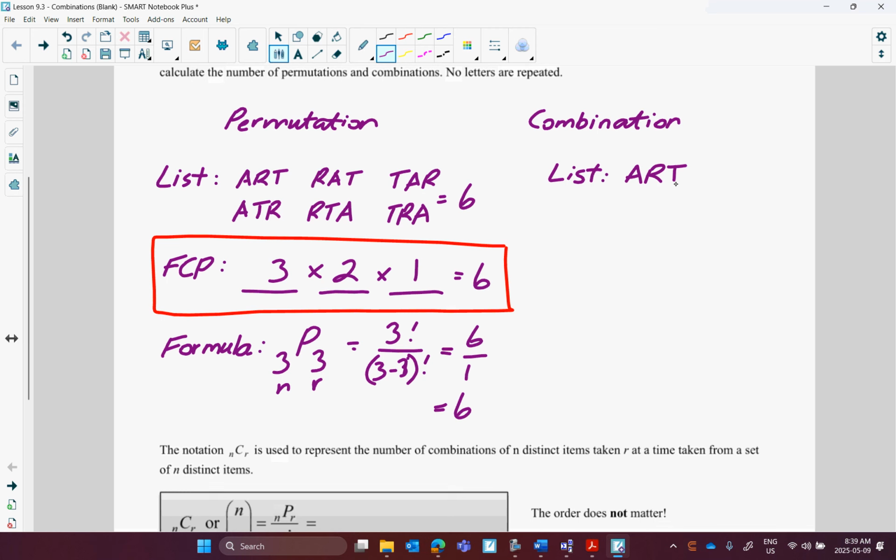No, right? Order doesn't matter. If I did ATR, I've used the same three letters. Whereas here, it matters. That's the difference between the two. So there's only one possibility. That's the main difference between a permutation and combination. In permutations, order matters. In combinations, order does not matter.